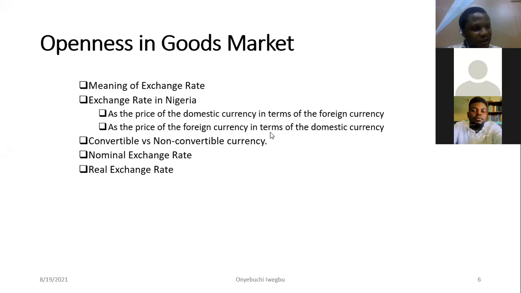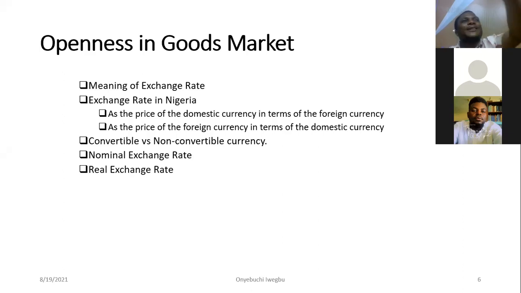So for Nigeria, this second one is what we use. But in standard textbooks, in Mankiw, Dornbusch, Blanchard, Romer, all of those textbooks, what you see is the rate of my own currency with respect to the foreign currency. My currency should be the base, not the foreign currency.